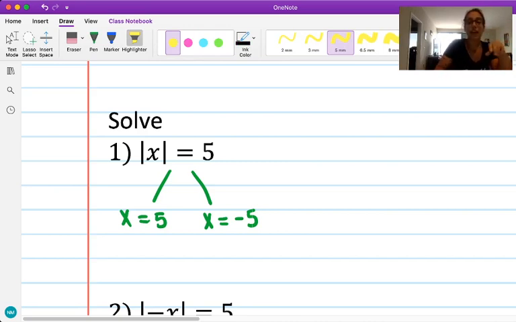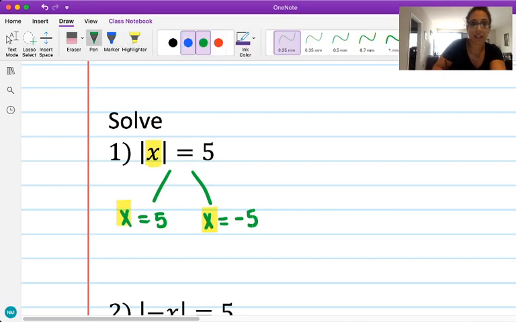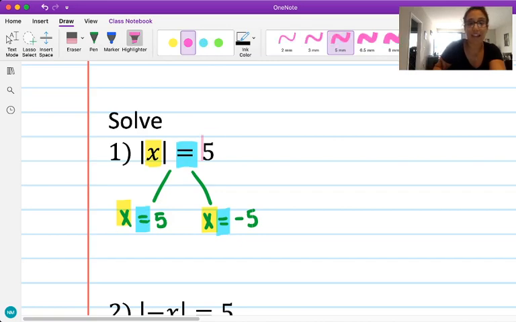If you have the absolute value isolated on one side, you will take whatever's inside of the absolute value and set it equal to that 5 and the negative of it. Okay? So let's look at what that looks like.